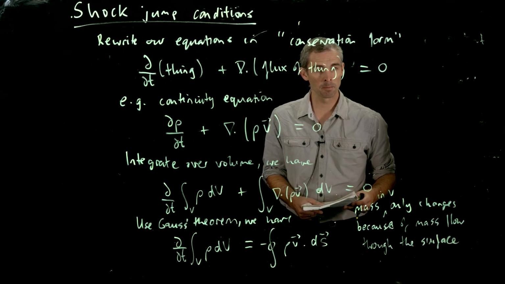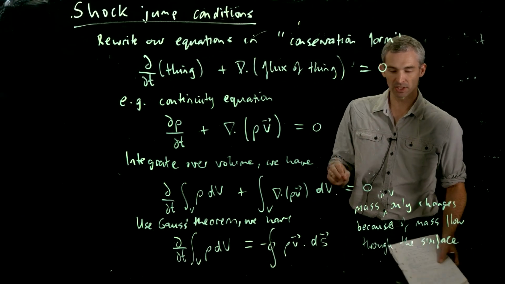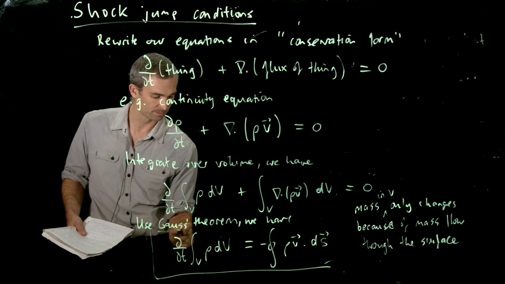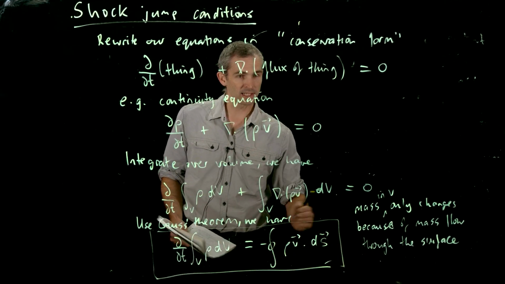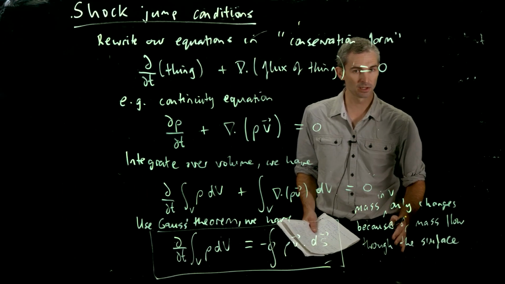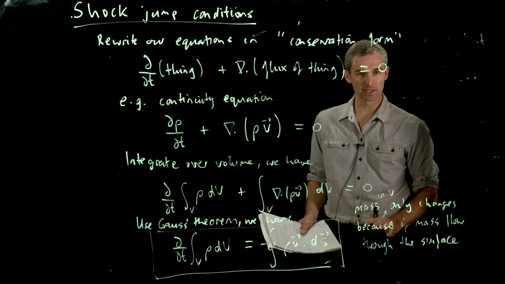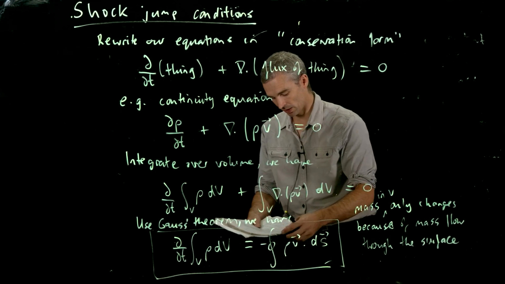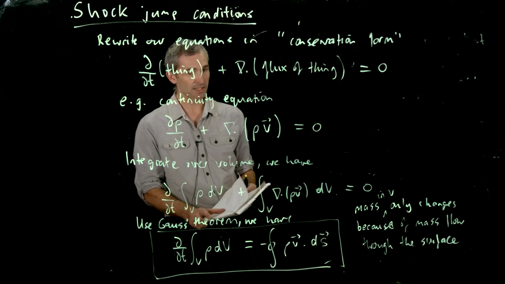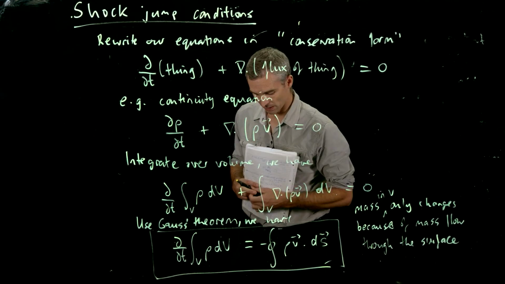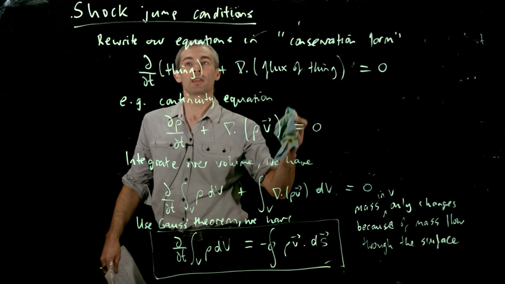This is obvious. But what we've done by a bit of magic now is we've written our equations in a form which is called the integral form, where discontinuous solutions are allowed. So we can think about mass flux without thinking about differential equations. We've gone to something more general here. And this is what allows us to treat these discontinuous solutions that inevitably come up in our equations of hydrodynamics.